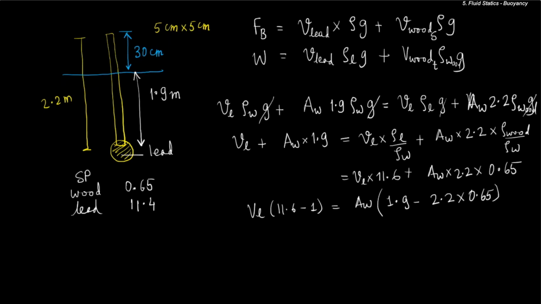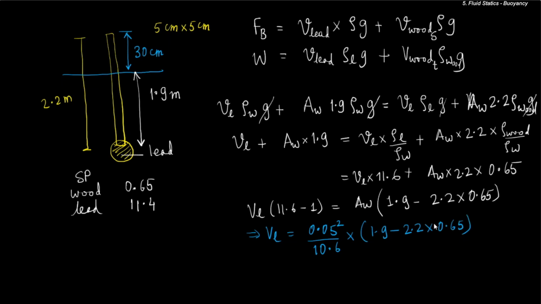I have just rearranged the terms in the expression, which implies that VL, so the area is 5 centimeters cross 5 centimeters, so it's 0.05 squared upon 10.6 times (1.9 minus 2.2 times 0.65).